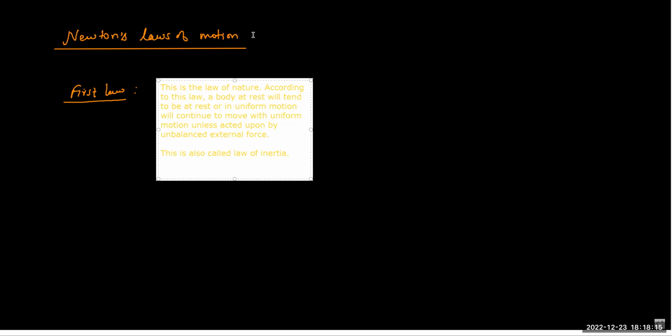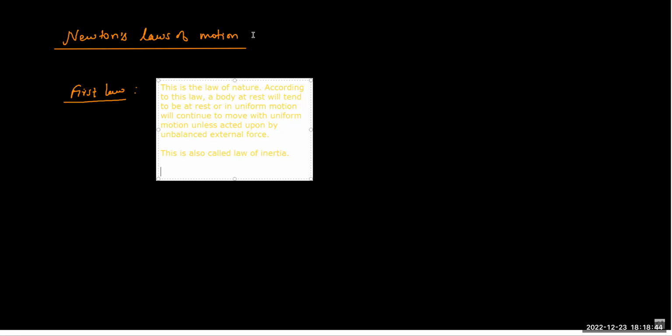But in kinematics, we have studied that rest and motion is what? In kinematics, we have studied that rest or motion is basically a frame dependent idea, right? So a body can be at rest and the same body can be in motion depending on from which frame we are observing. So Newton's idea of rest and motion is somewhat difficult.